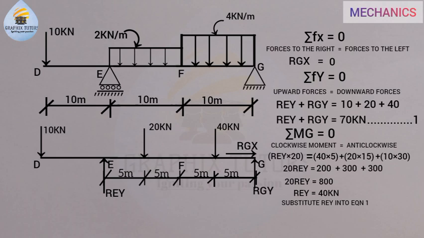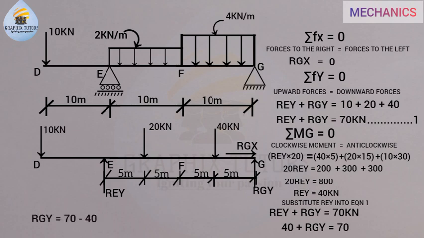Equation 1 is telling me REY plus RGY is equal to 70. So what is the REY? 40 plus RGY equals 70. RGY will now be equal to 70 minus 40. So RGY is equal to 30 kilonewton. Is that taking you now?